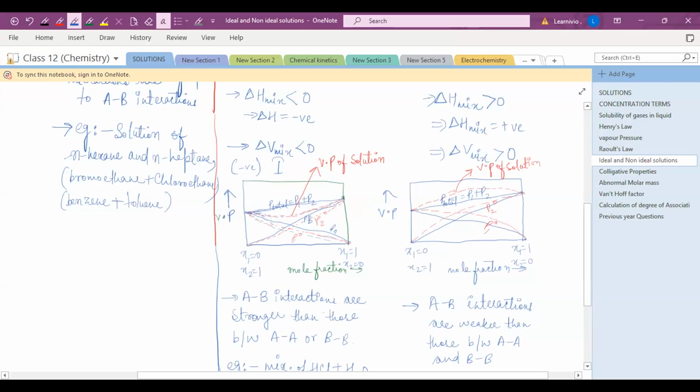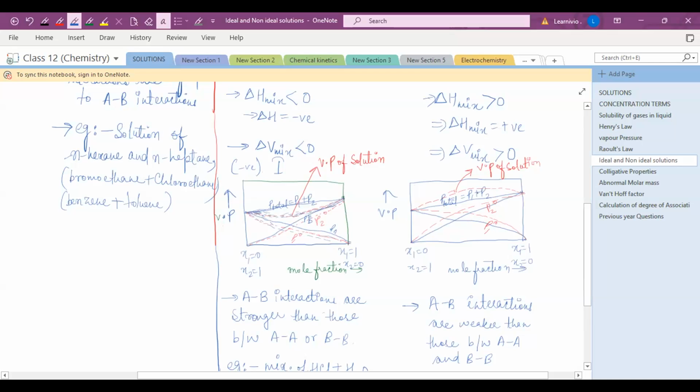It doesn't follow Raoult's law, and it gives the negative deviation. This red line shows the negative deviation, and this blue line shows the ideal case, the P total of the ideal solution. But it doesn't follow the ideal solution graph and Raoult's law graph, so it gives a negative deviation.